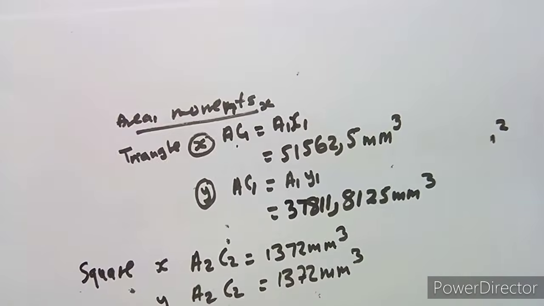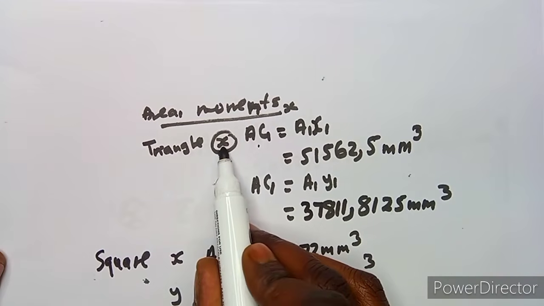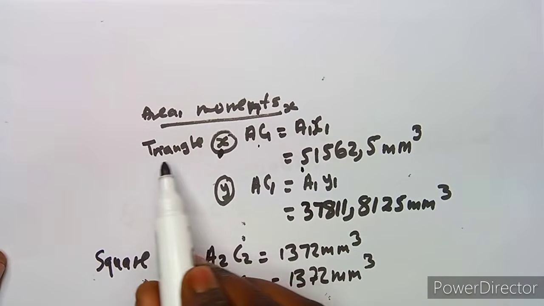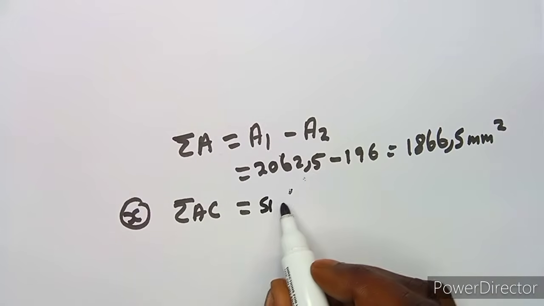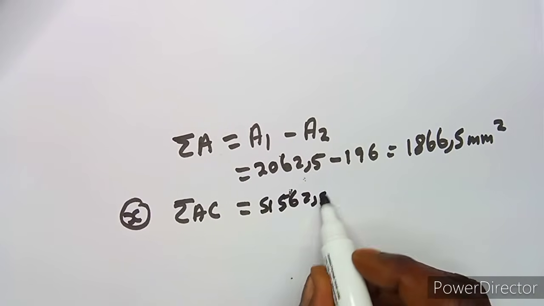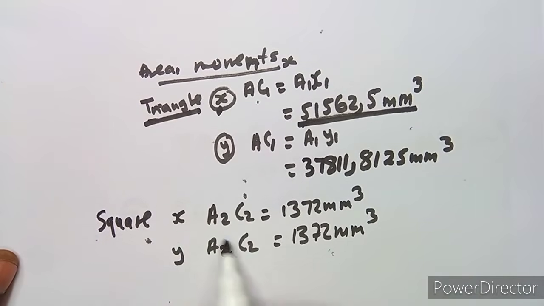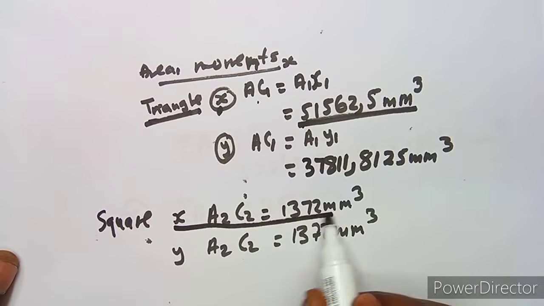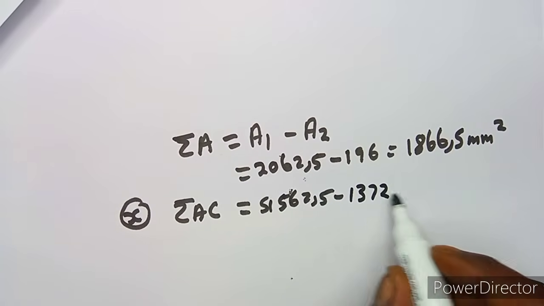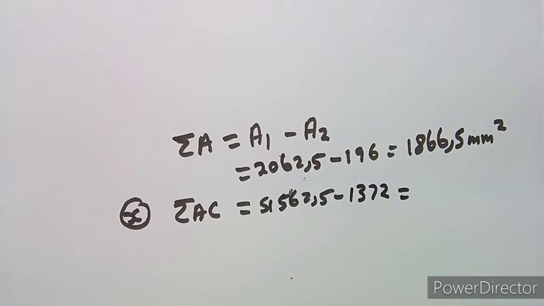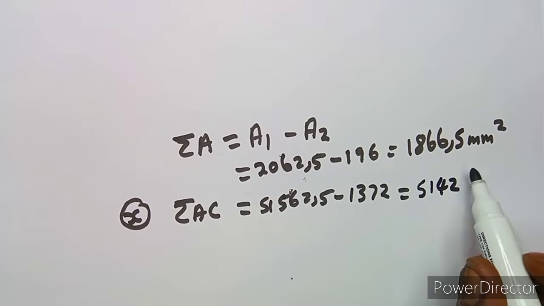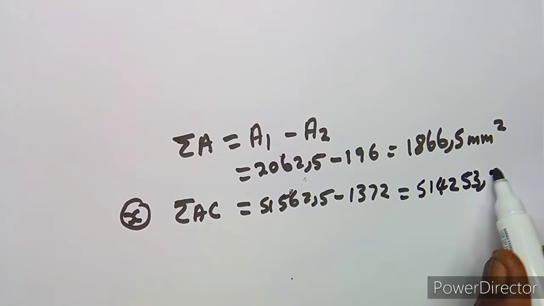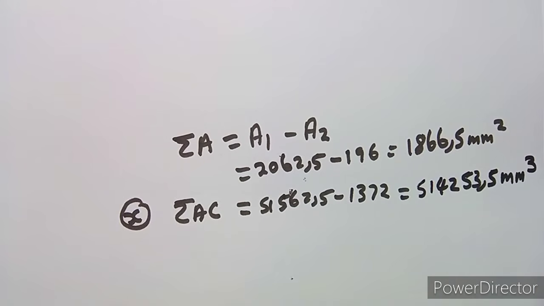This was the total area moment for the triangle, working with x values, which is 51562.5, minus the one for the square, 1372, which is going to give us 553.5. This is area moment, which is in cubic millimeters.